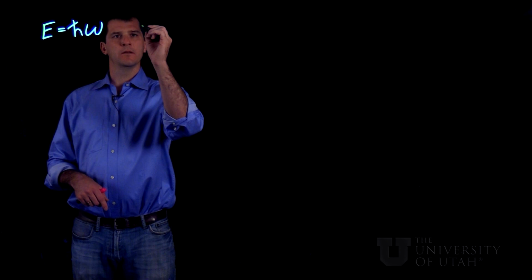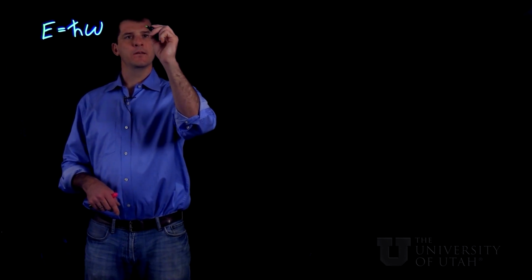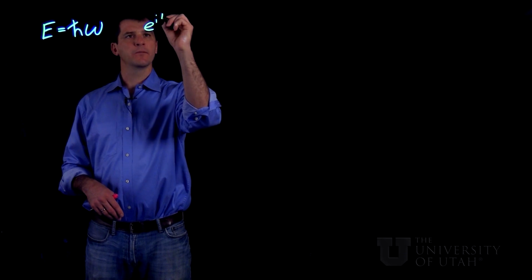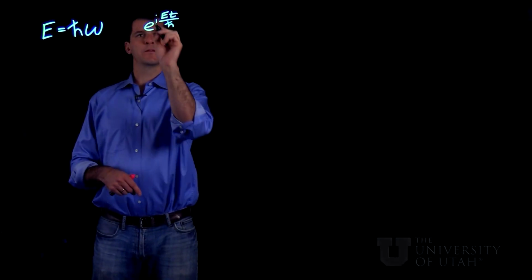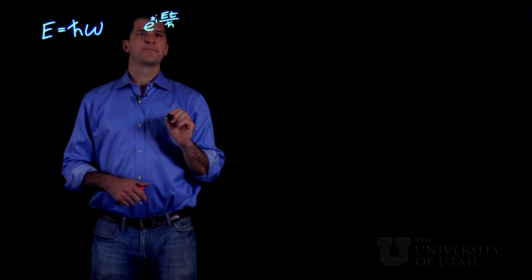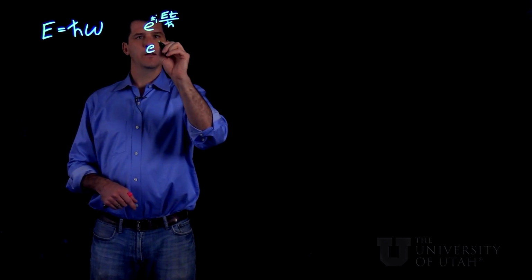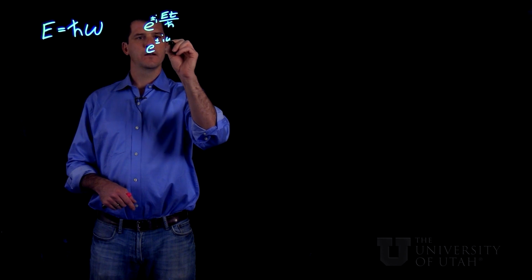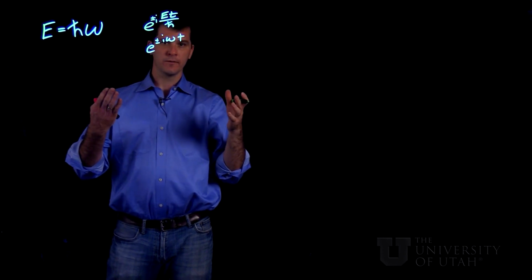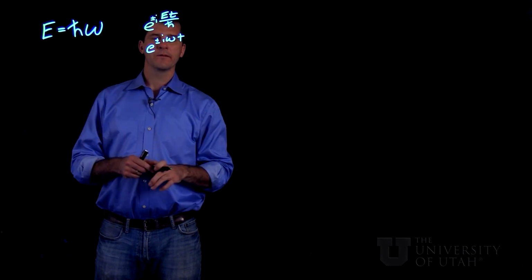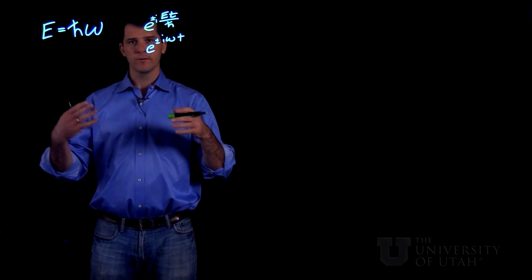If we look at the time phase terms in a complex exponential, they're written like this. And if we take E over h bar, we can rewrite it as plus or minus i omega t, like we're used to seeing in phasor representations of all sorts of waves like voltage or current.